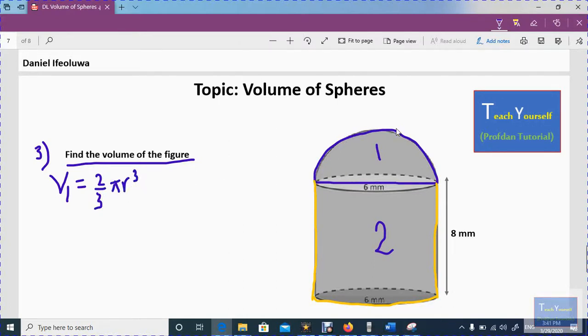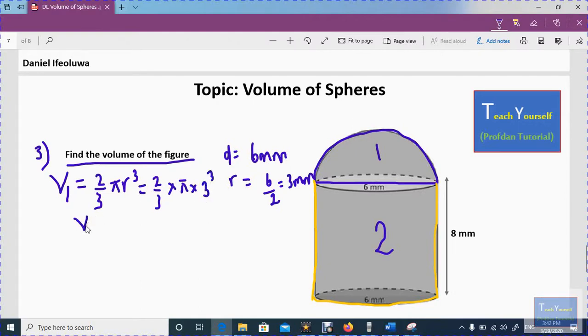For this hemisphere, its diameter is given as 6 millimeter. So its radius will be diameter over 2, that is 6 over 2, which is 3 millimeter. So substitute your values, 2 over 3 times pi times the radius 3 raised to power 3.